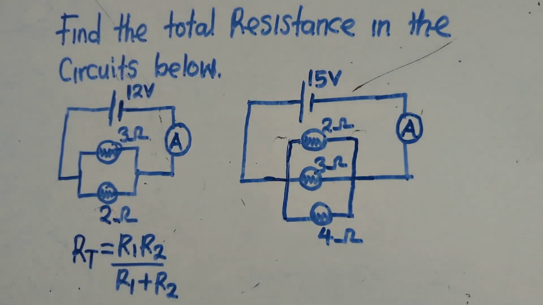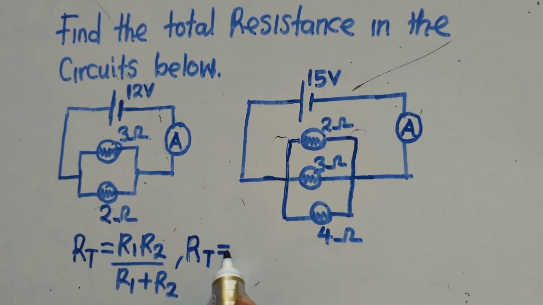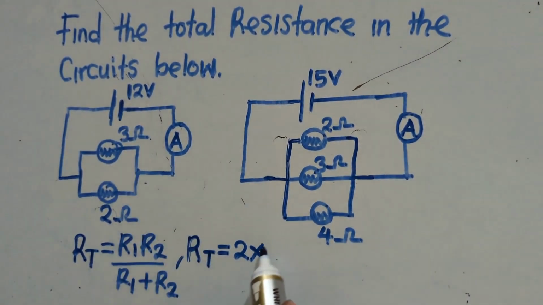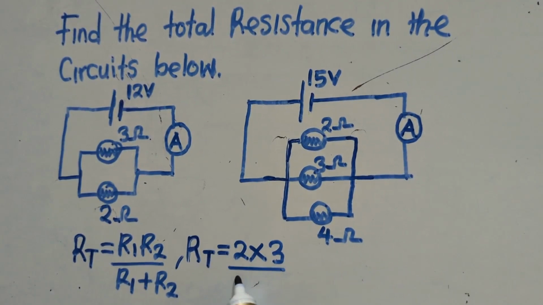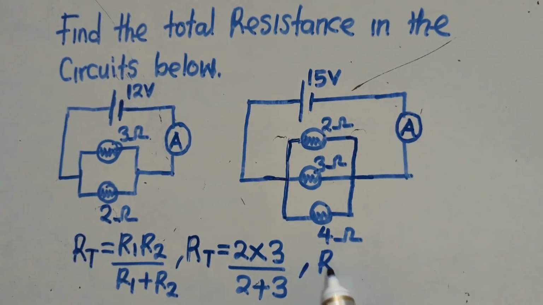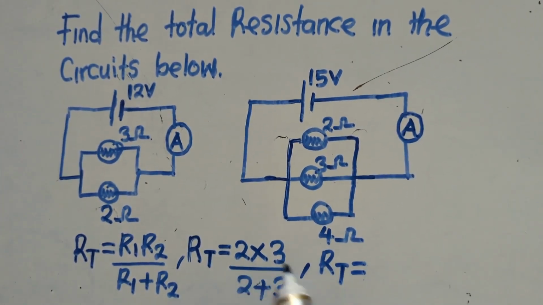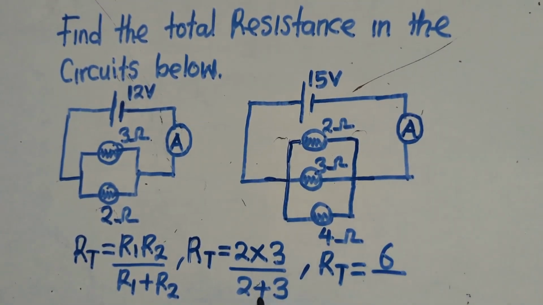There is no problem. So total resistance is equal to resistor 1, we pick this one, 2, times resistor 2, that is 3, over 2 plus 3. Next, total resistance is equal to 2 times 3, that is 6, over 2 plus 3, that is 5.